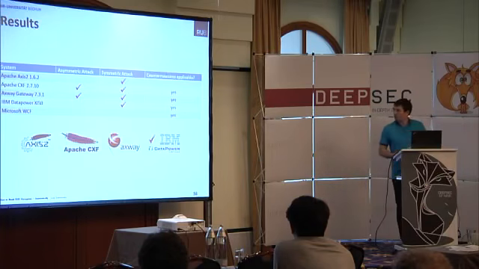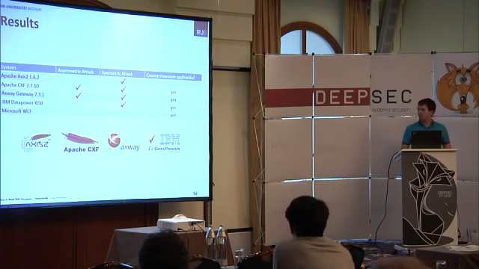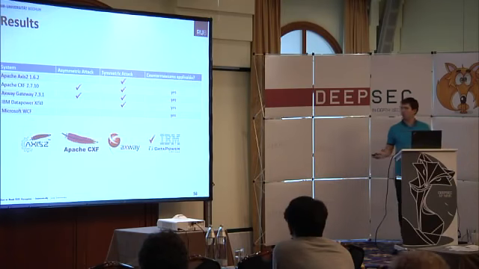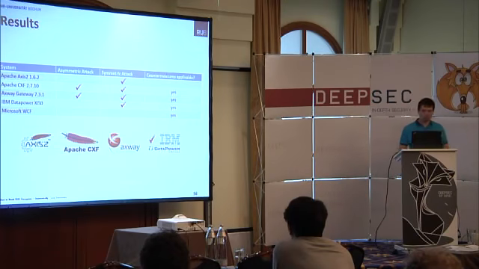So we analyzed five servers and application firewalls: Apache Axis 2, Apache CXF, XML Gateway, IBM DataPower, and the Microsoft Windows Web Services implementation.